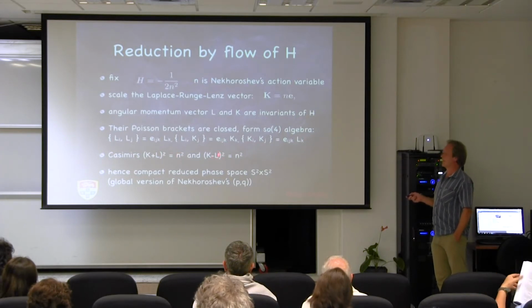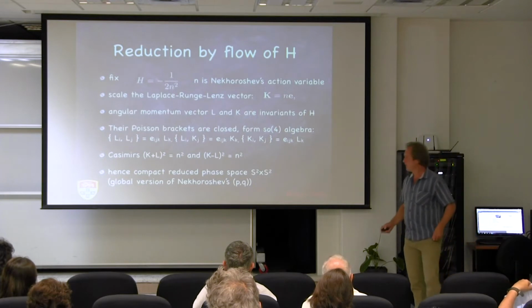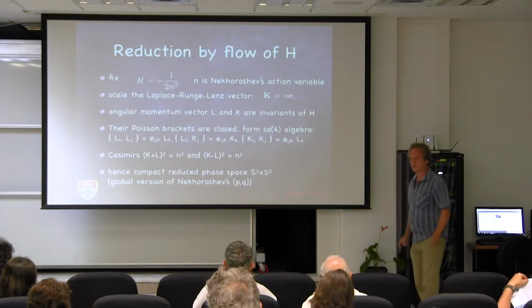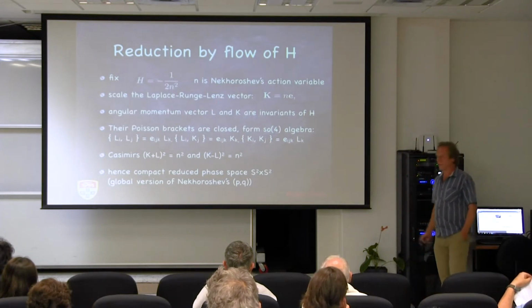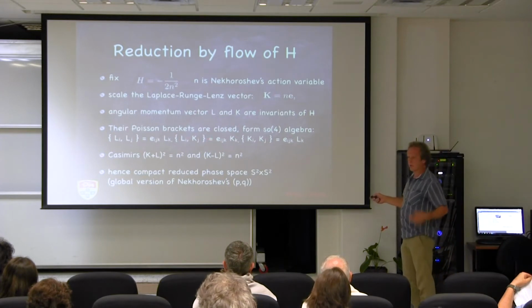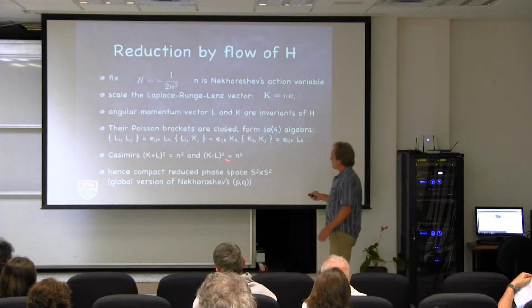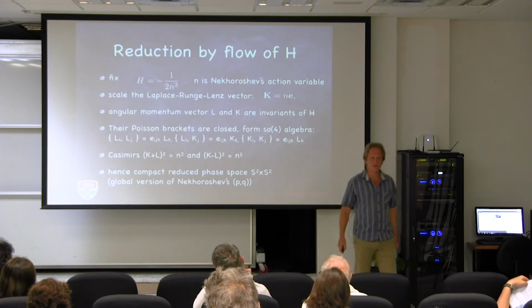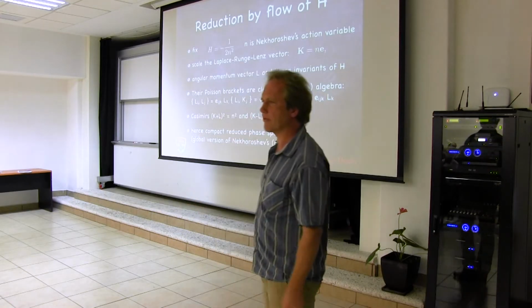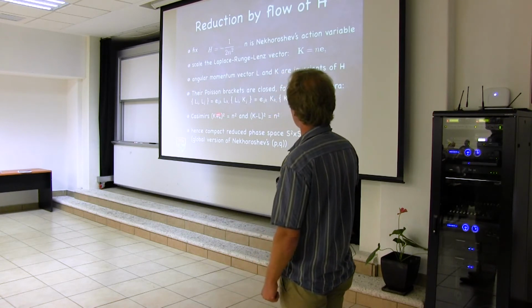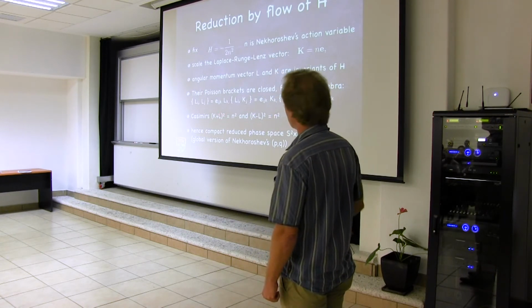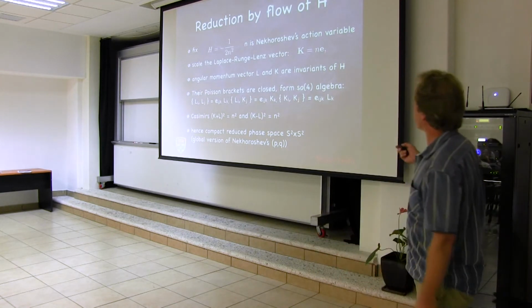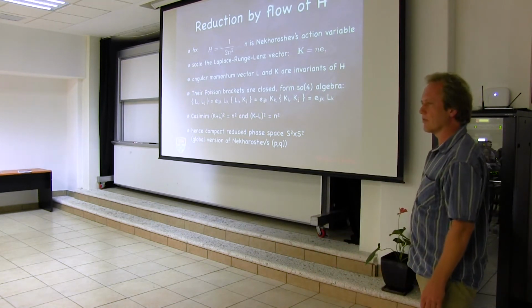And the length of k minus L is also constant and is the same as the other one. k and L are vectors in R3, so each of these equations you can think of as defining a two-dimensional sphere. This is one S2, and this is another S2. That's how you can see that this reduction brings us to S2 cross S2.